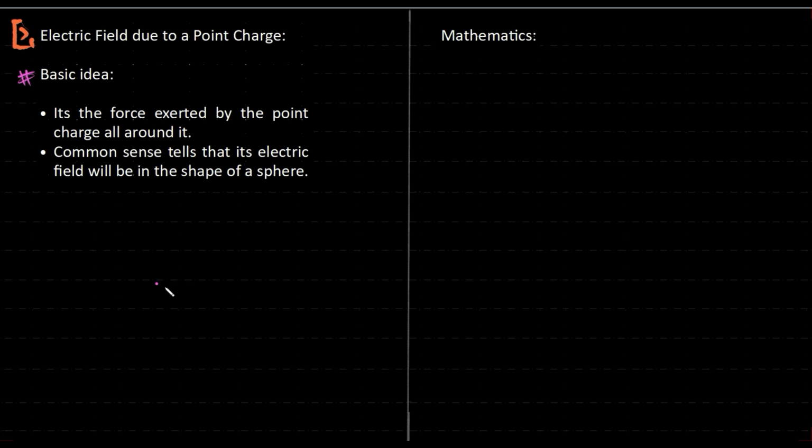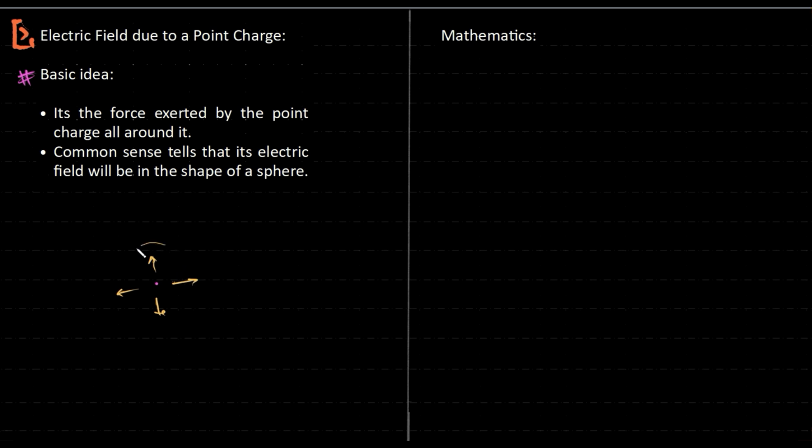So we have a dot, right? Like the sun, we know that the sun radiates out light equally all around, at least most of the time. A single dot charge will also affect the space radially outward.